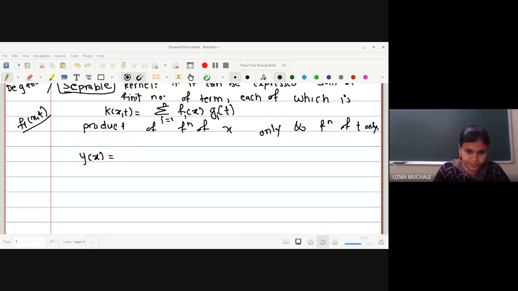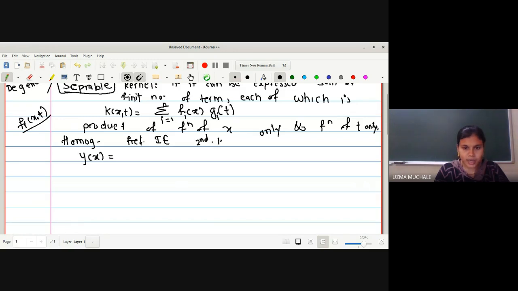Okay. Now let us go for solving the homogeneous equation of the second kind. Let me write here what we are going to solve. We are going to solve the Fredholm integral equation of the second kind with a separable kernel. For that, we consider the homogeneous Fredholm integral equation of the second kind.